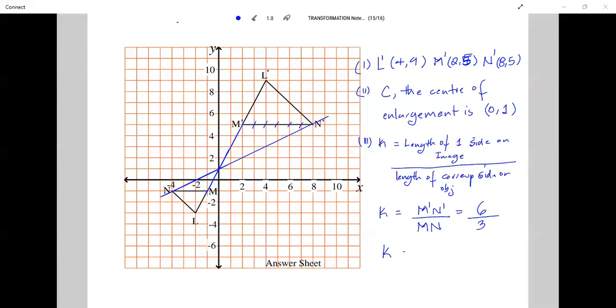K is equal to minus 2. The scale factor K is equal to minus 2. Why minus 2? Because the object and image are on opposite sides of the center of enlargement. K is negative when the object and image are on opposite sides of the center of enlargement.